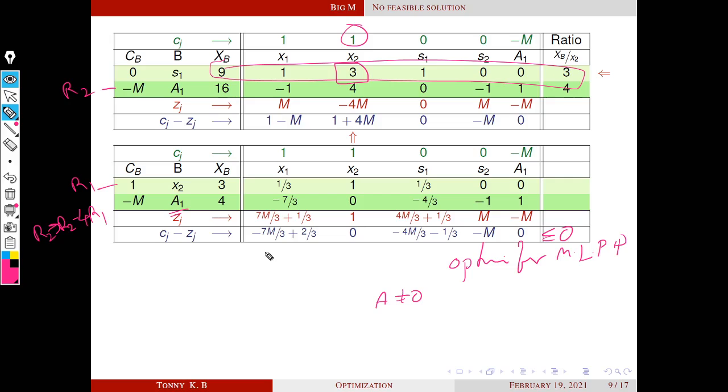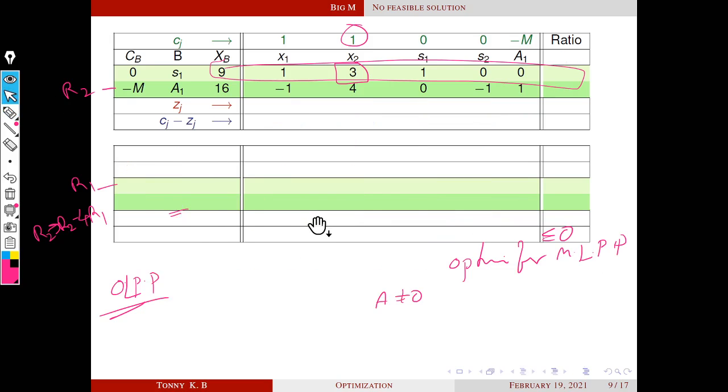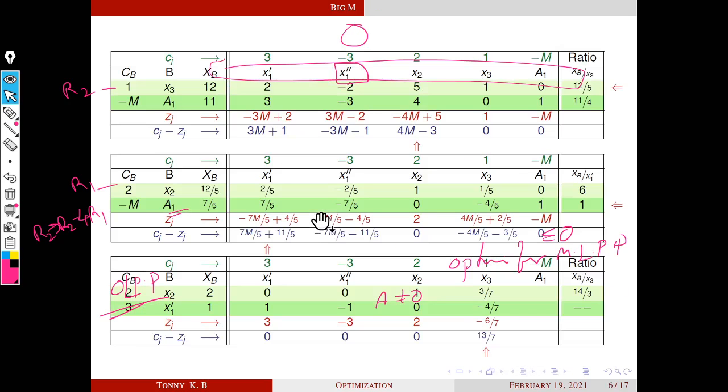Then what is the conclusion about this table for the original LPP? Optimum table with a non-zero entry. Yes, no feasible solution. That's correct.